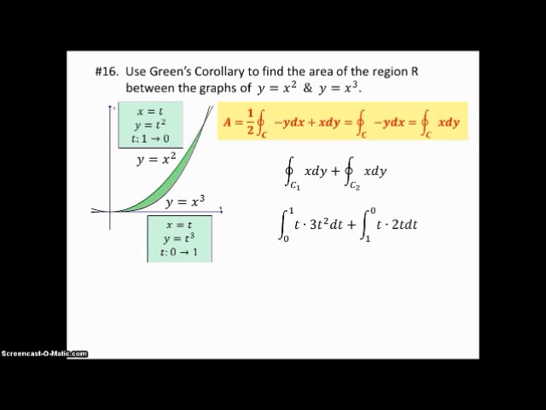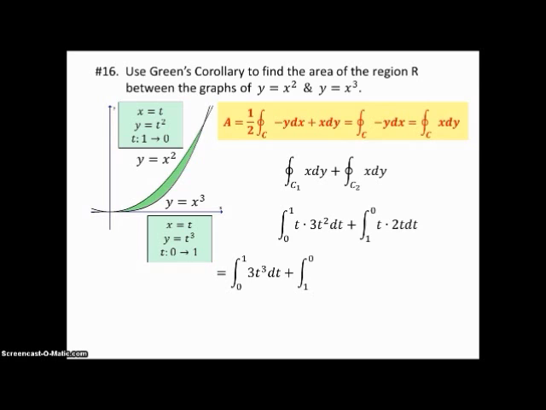So now my integrals in terms of t: for the first one, x is t, and then the derivative of y is 3t squared dt, going from 0 to 1. That's the parameterization of x cubed. And then for the second one, I'm using the x squared, and so x is still t, but now dy is 2t dt, and t is going from 1 to 0.